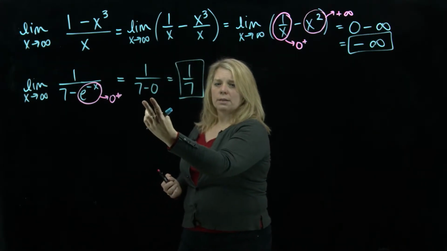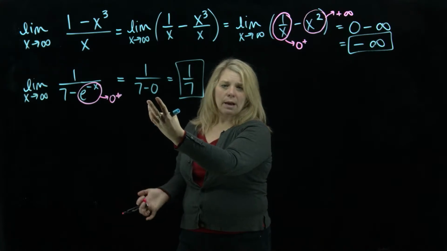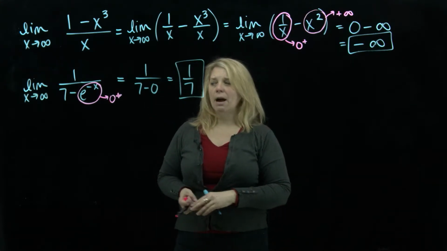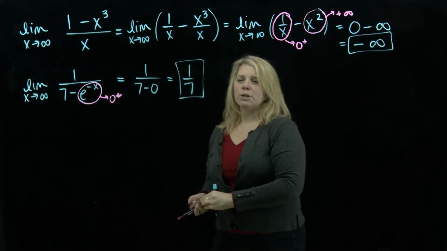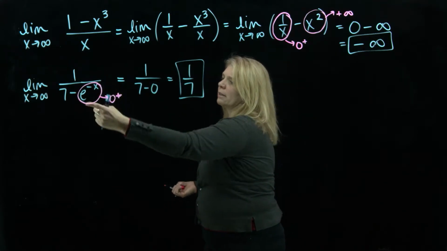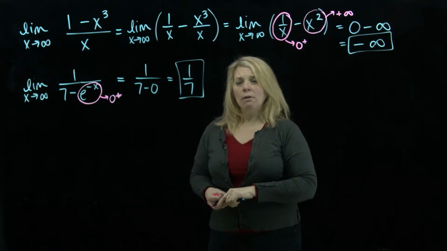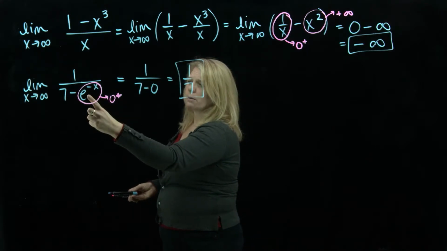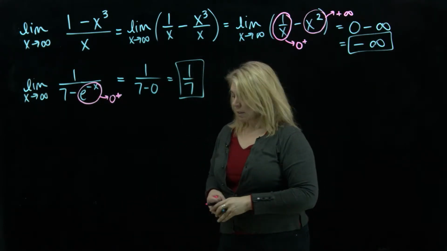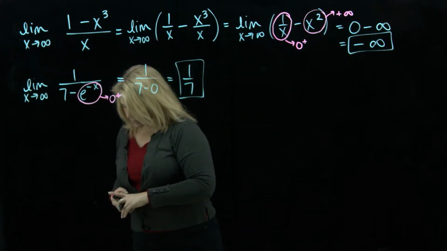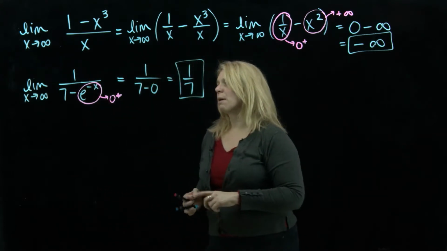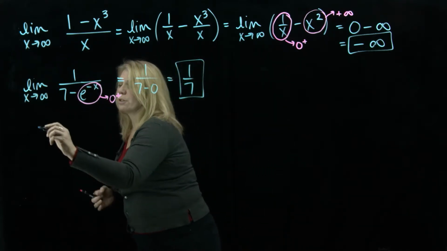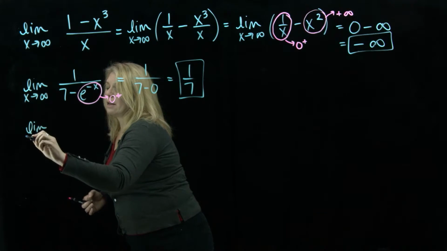And again, this step right before the answer, you may or may not actually write that, but that's how you would think about getting to that answer. If you needed some justification, you could write that. You could write something like this as well, or maybe even a sentence explaining what's going on with that e to the negative x function. All right, let's look at this same function actually, but let's look at what happens as x approaches negative infinity.